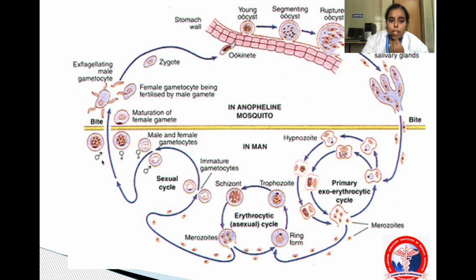They are then transmitted further to the mosquito via the bite, wherein they form the zygote within the stomach wall of the mosquito. It forms the oocyst. The oocyst ruptures and the sporozoites enter the salivary gland of the mosquito, which then continues the cycle into humans.